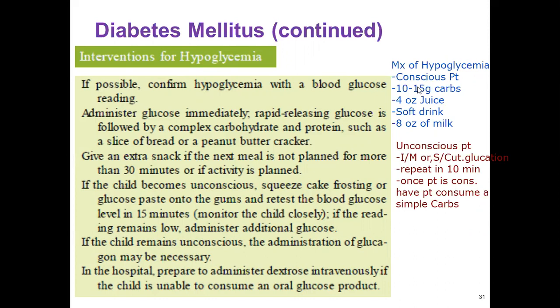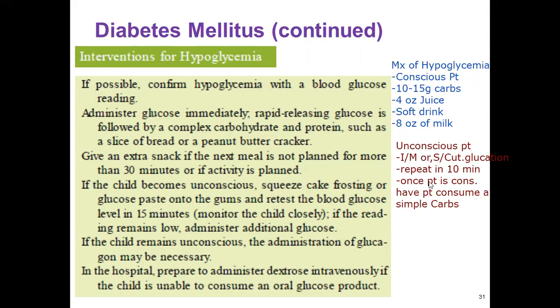So if the patient is unconscious, we never ever give anything by mouth. Better to go for intramuscular or subcutaneous administration of glucagon, right? And we repeat in 10 minutes if the blood glucose level does not change, if the patient is still not conscious.